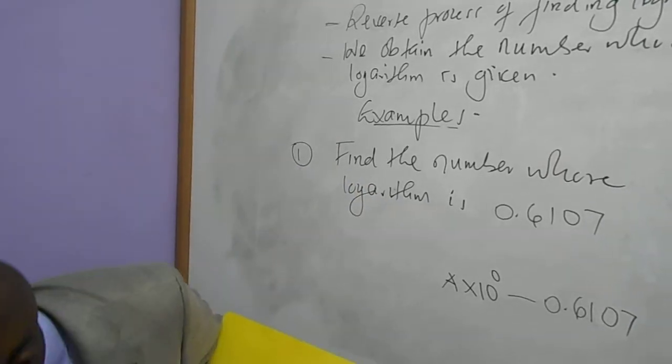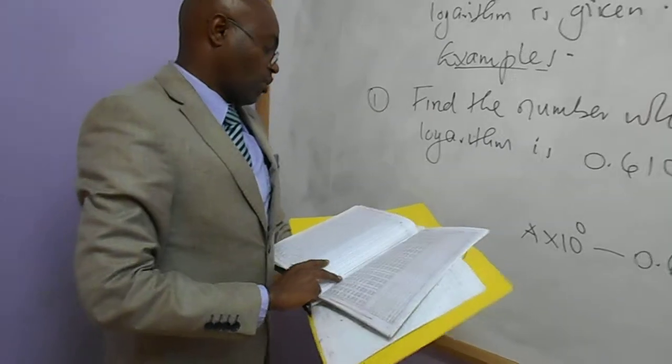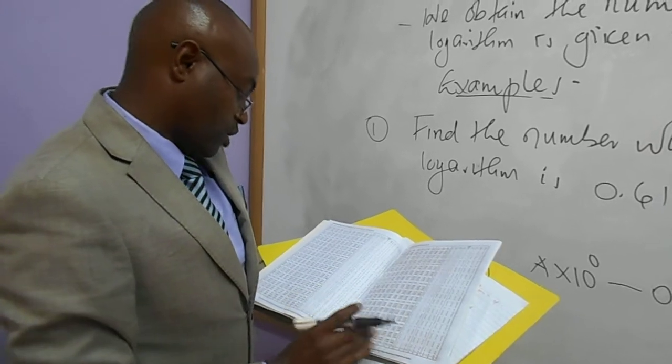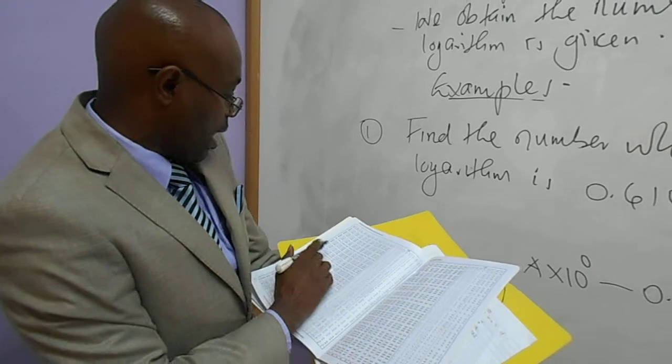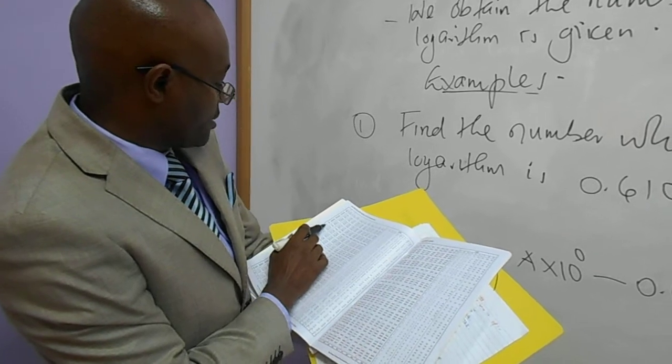0.6107. It is well indicated in the column. You go down to the point where you see 0.61.